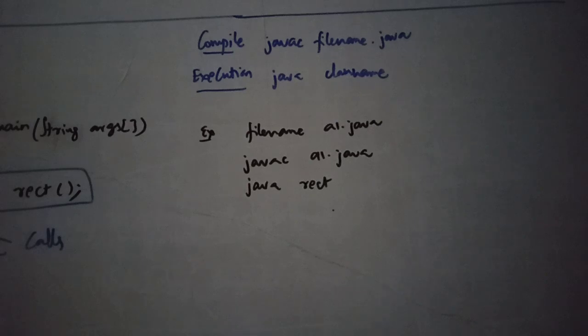Most of the people do give file name and class name the same, and there is no need of that. Take an example here. If your file name is a1.java and you compile it like javac a1.java, and here what is the class name? That is very important.